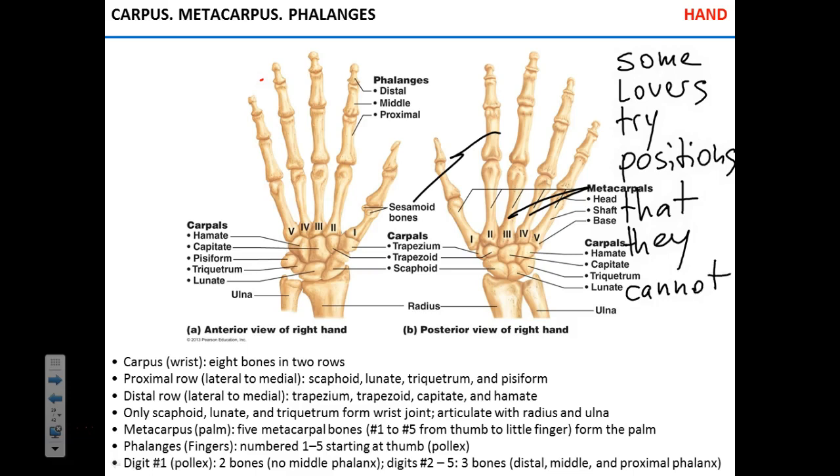Capitatum: Cannot. Hamatum: Handle. That's your mnemonic. Does that make sense? So you go from here and you say: some, lovers, try, positions, you go back, that, they cannot handle.